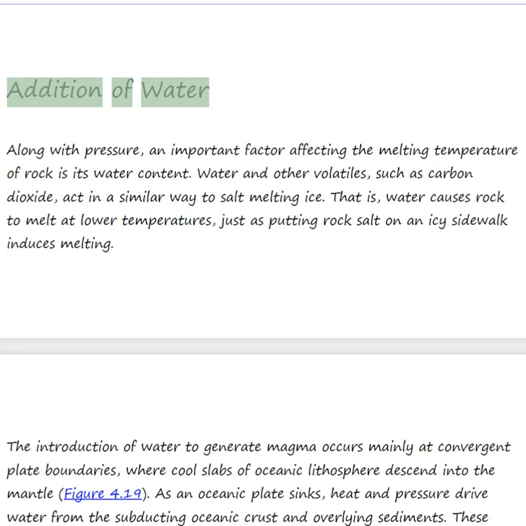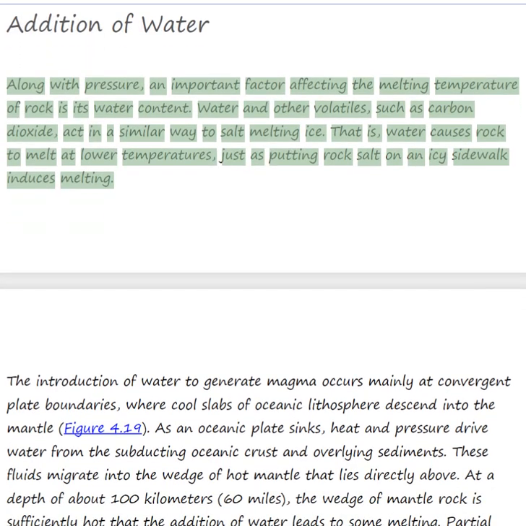Addition of water. Along with pressure, an important factor affecting the melting temperature of rock is its water content. Water and other volatiles, such as carbon dioxide, act in a similar way to salt melting ice. That is, water causes rock to melt at lower temperatures, just as putting rock salt on an icy sidewalk induces melting.